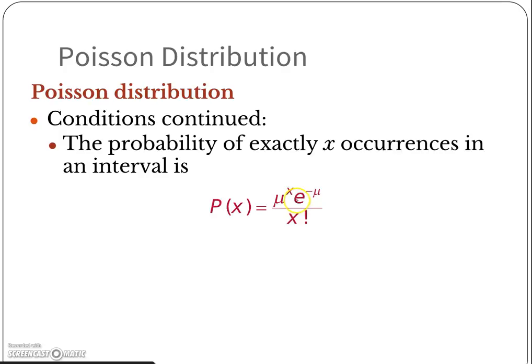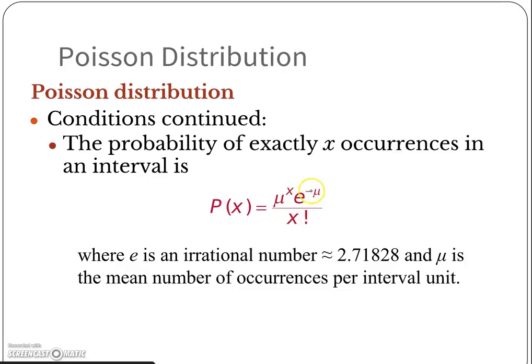It's a button on your calculator. It's about 2.7, to the minus mu, that's the mean, over X, the number of occurrences in the interval, factorial. Okay, so mu is the mean, e is about 2.7, and it's a button on your calculator.